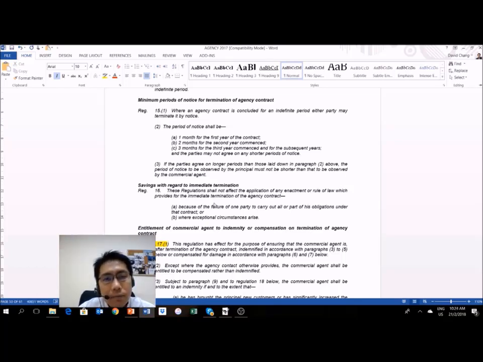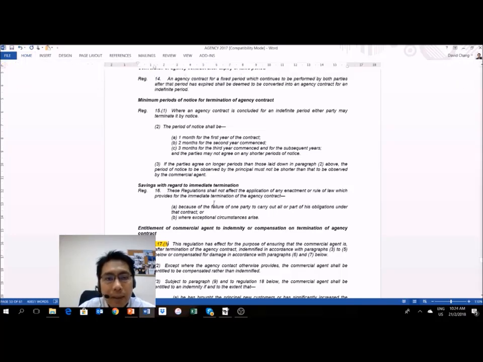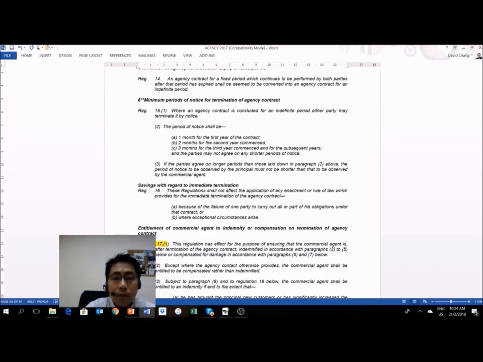The other possibly significant regulation here will be regulation 15. I can put 1 star here now, just to show that it's of some importance, where we deal with minimum periods of notice to terminate the agency.